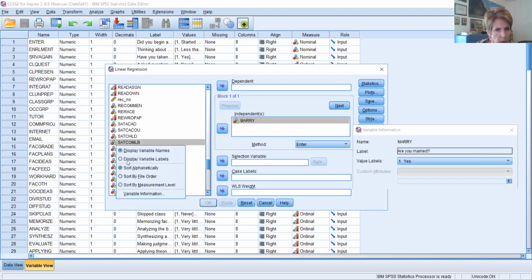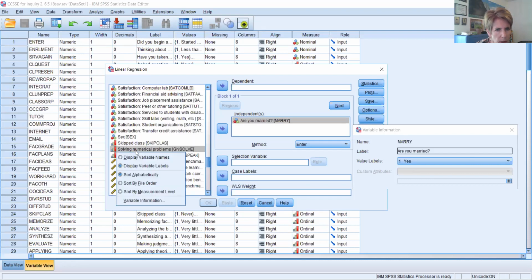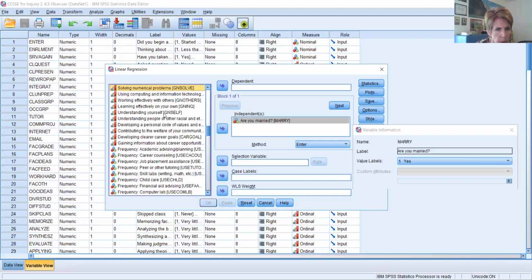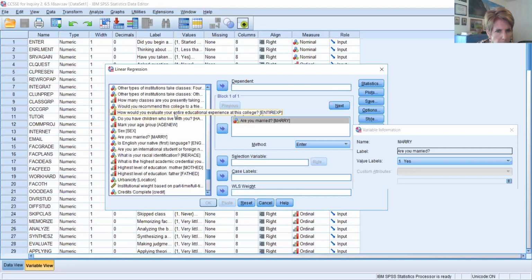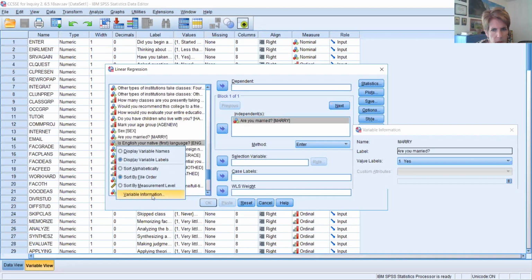Because I know this better by the order that it is in the file, I'm going to put it in that order for finding my English language learners because I think they are near the bottom. Is English your native, parentheses, first language? Let me make sure how that's coded.